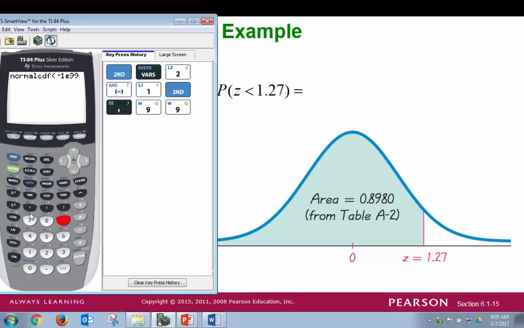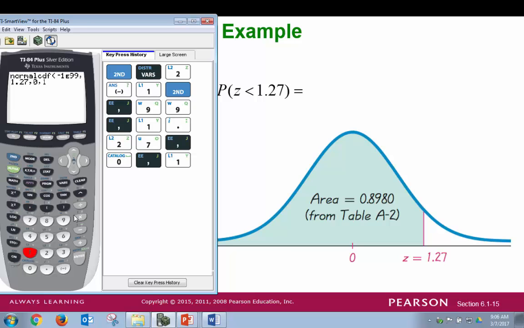Now, comma, and then our high number, or the right boundary for the z-score, is 1.27. You can end it here, but like I said, it's always good practice to include the mean, which is 0, comma, and the standard deviation, which is 1.